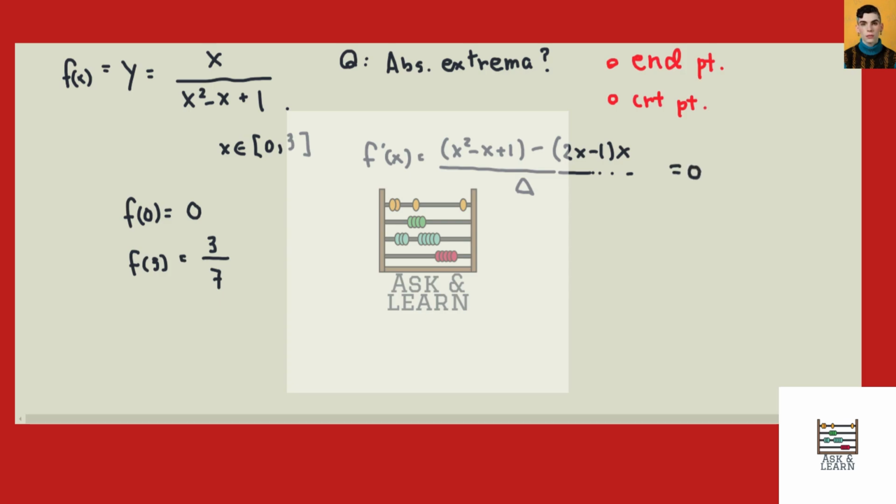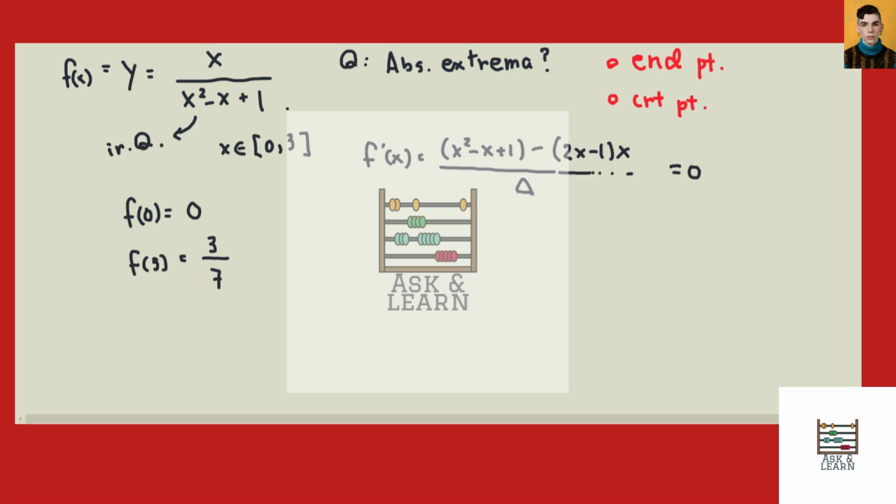And if you observe that the denominator is an irreducible quadratic, meaning that the b squared minus 4ac is a negative number, the denominator is never going to be zero. So I don't have to worry about the case where there's a division by 0 or anything like that.